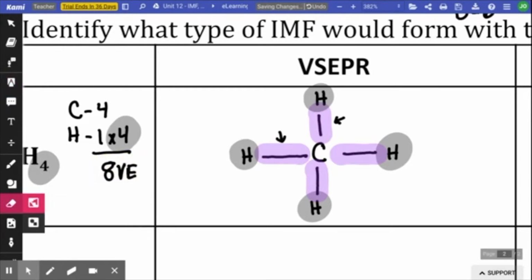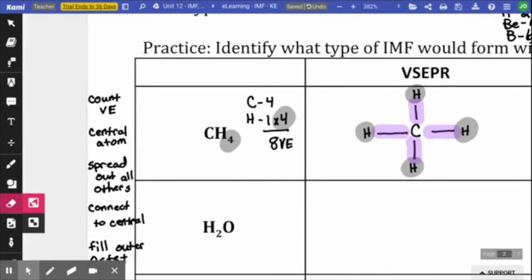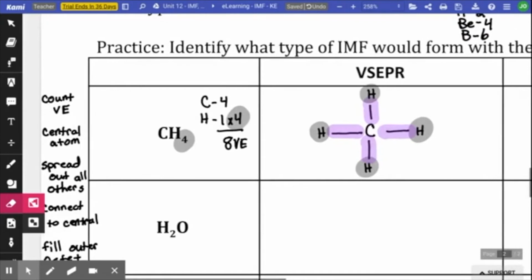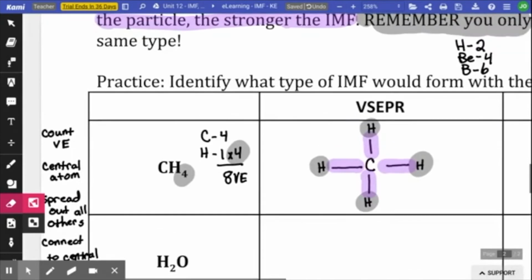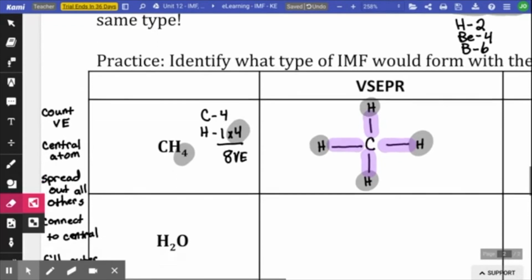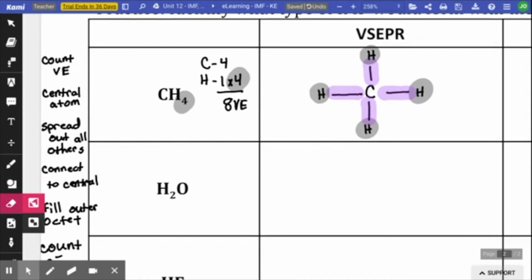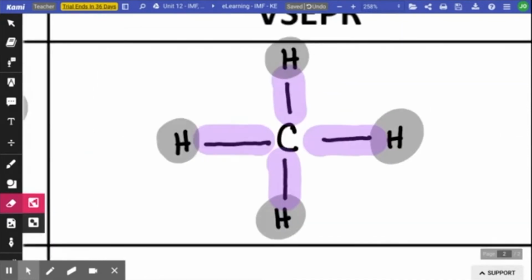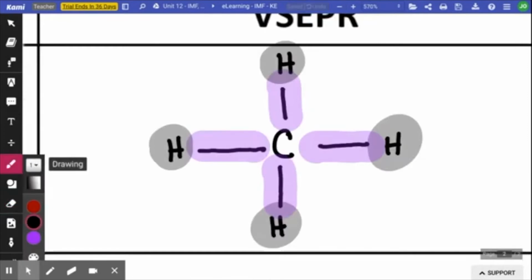Next thing would be to check our central atom. You need to make sure that your central atom is, again, filling its octet. If it's hydrogen, it should have 2. Remember, hydrogen should never be in the middle. Beryllium should have 4, and boron should have 6. Since it's not any of those, then it has to have 8. So let's check this. Carbon has 2, 4, 6, 8.